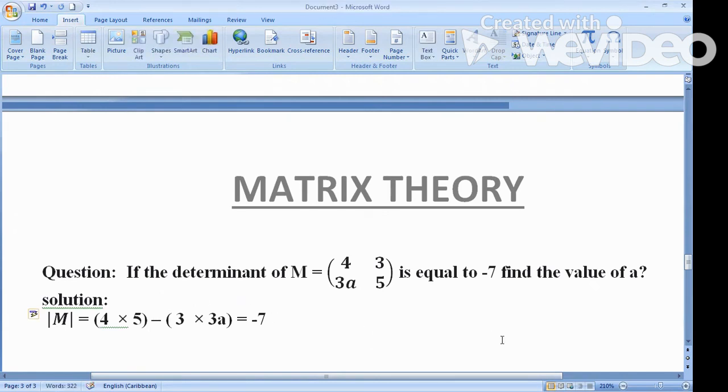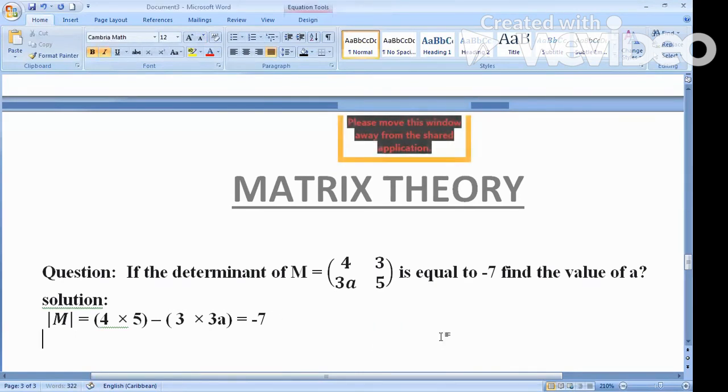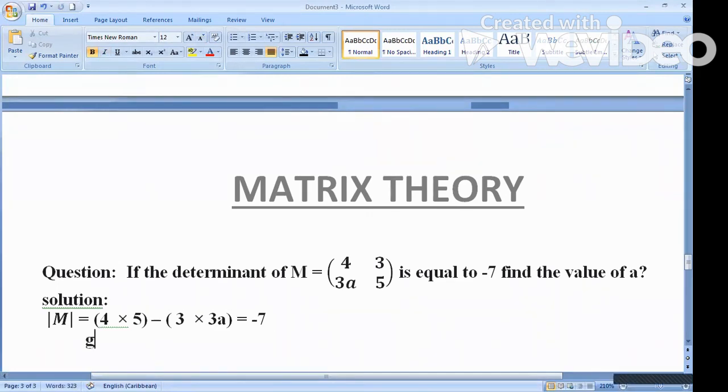So all we need to solve is 20 minus 9a equal to -7.